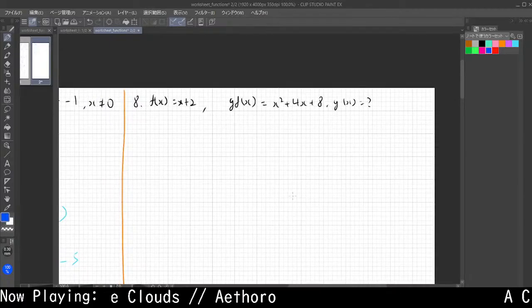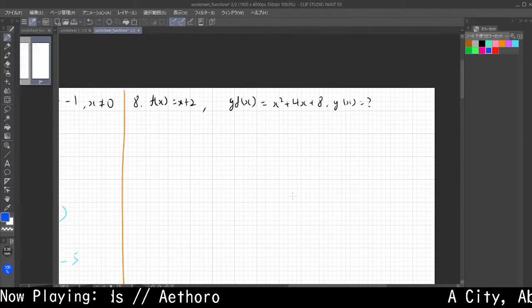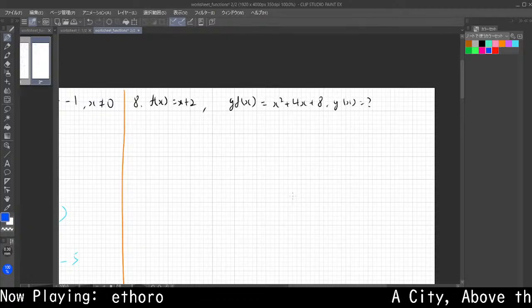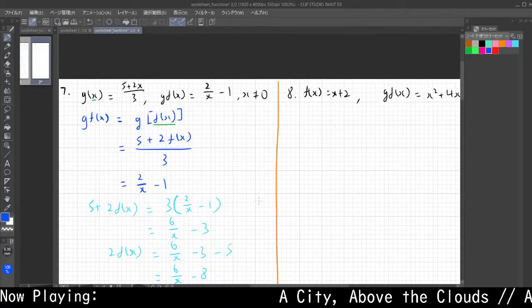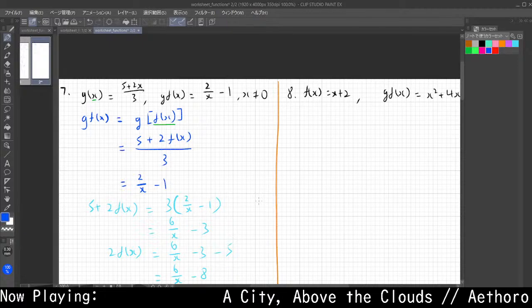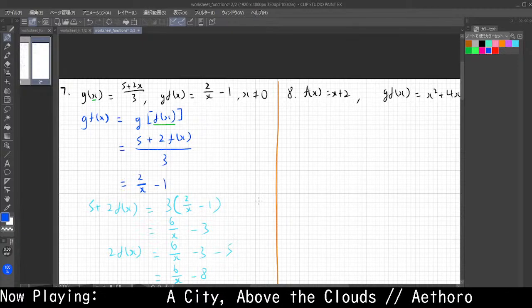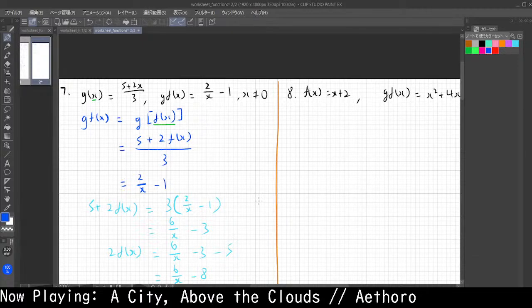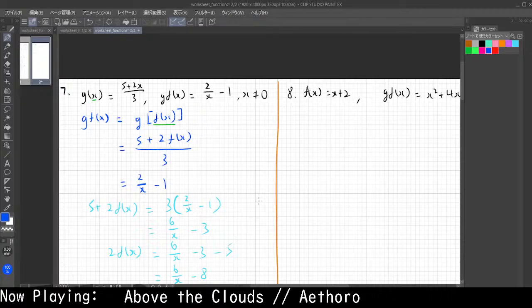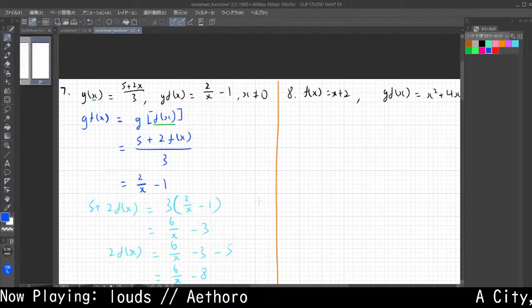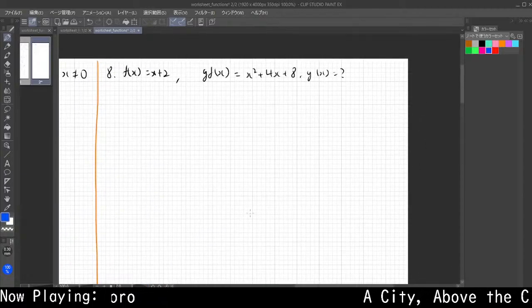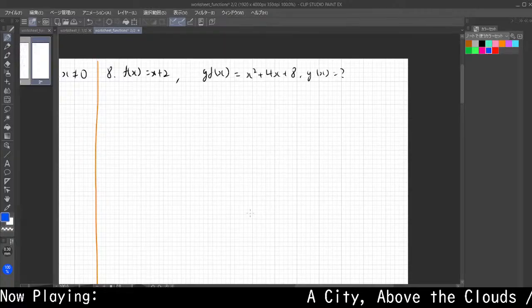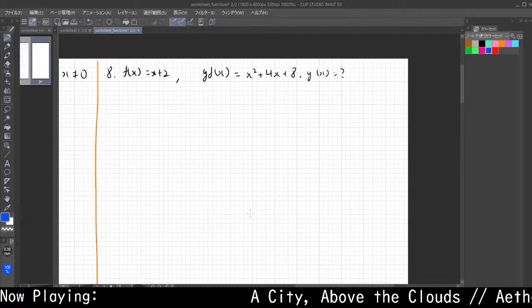Now you're given f(x) with the one inside. If you look at question 7, you're given the one outside, so g(x) is the one outside of f, and that's why we use this method of treating f(x) directly as an object and substituting it into x. For the one that you know inside but not outside, it is a bit tedious.